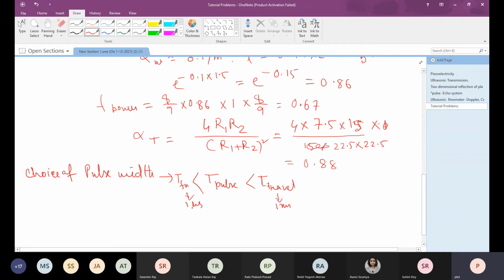Usually when a pulse is excited, there will be ringing effects. So if it is operated at the natural frequency to have good efficiency, then there will be several such amplitudes. This will be the nature of the pulse, I think.